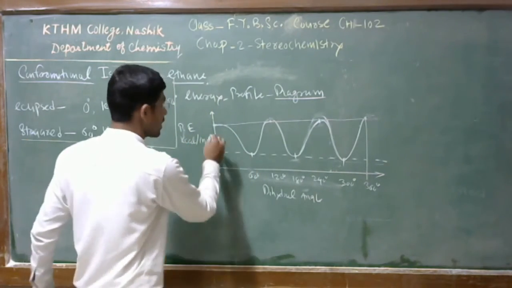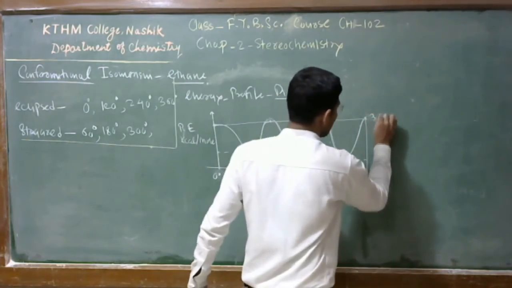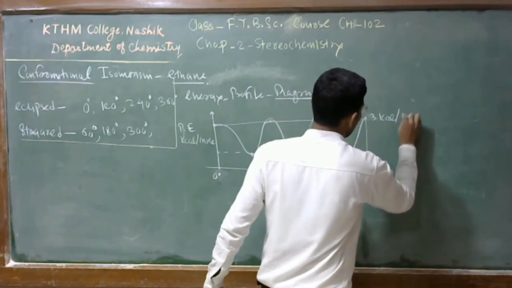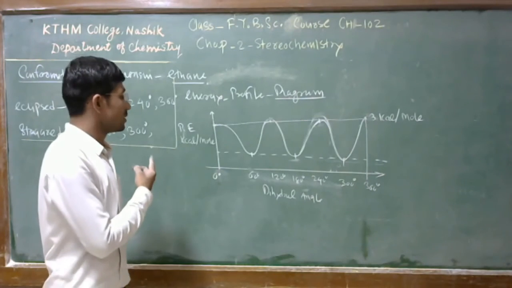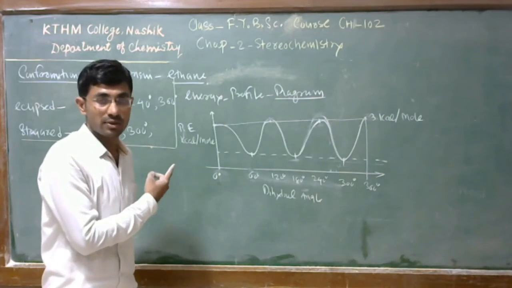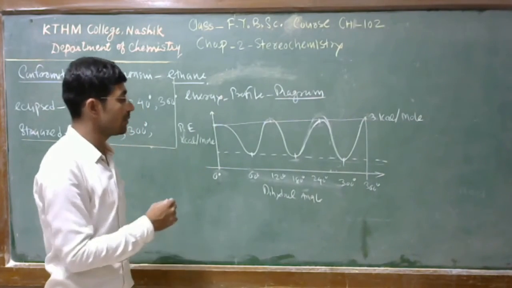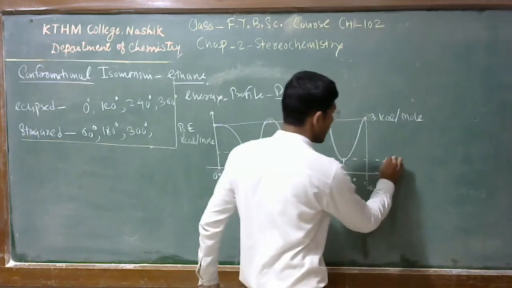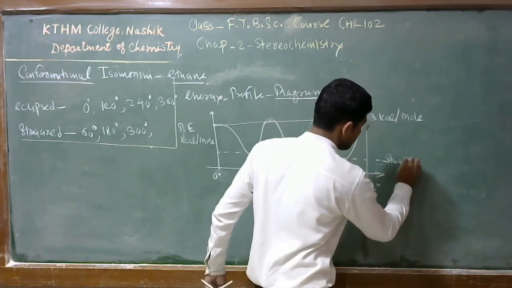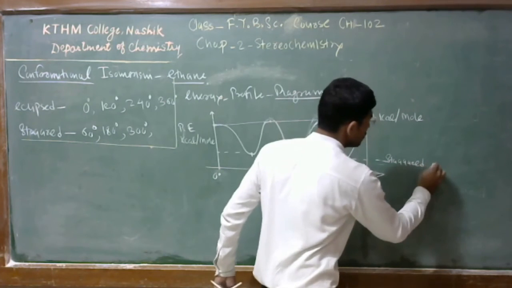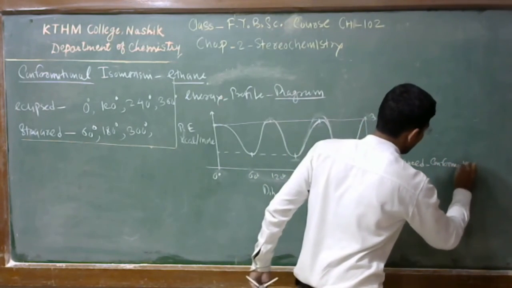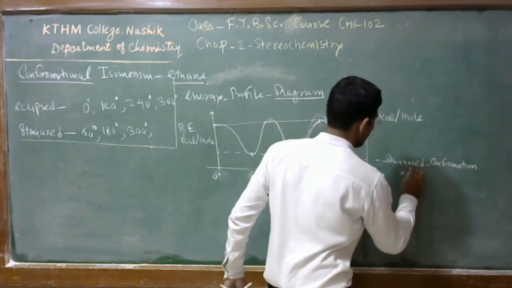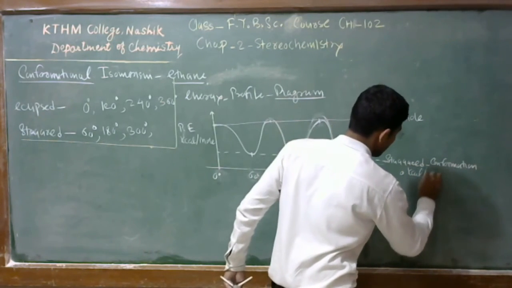So for angle 0 we can observe the energy 3 kilocalorie per mole. I have told that the eclipse conformation has the energy 3 kilocalorie, while the staggered conformation has the energy of only 0 kilocalorie per mole.